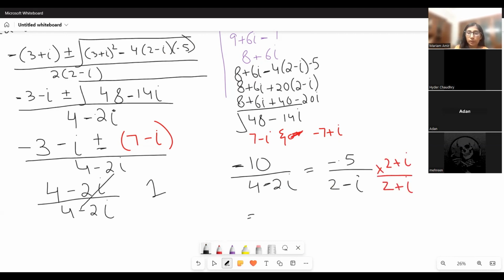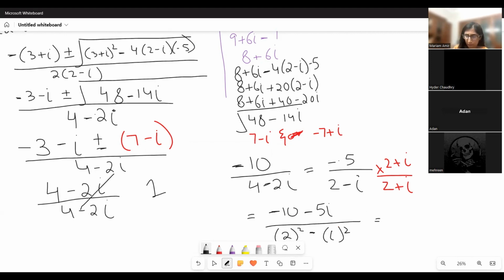So the numerator becomes minus 10 minus 5 iota, divided by the denominator, which is a plus b, a minus b, which is a squared minus b squared.